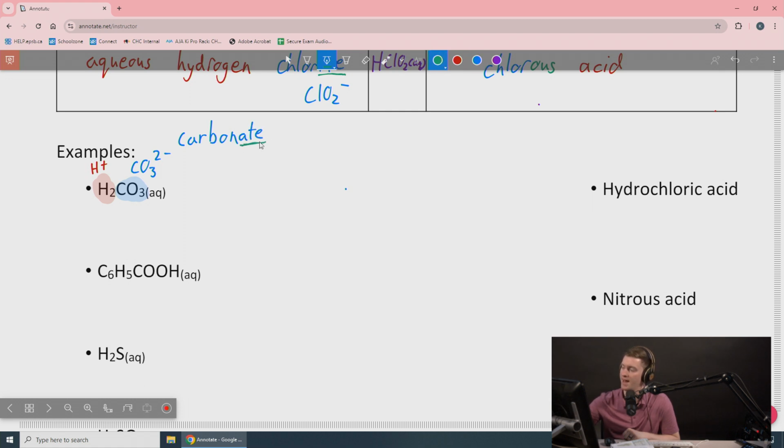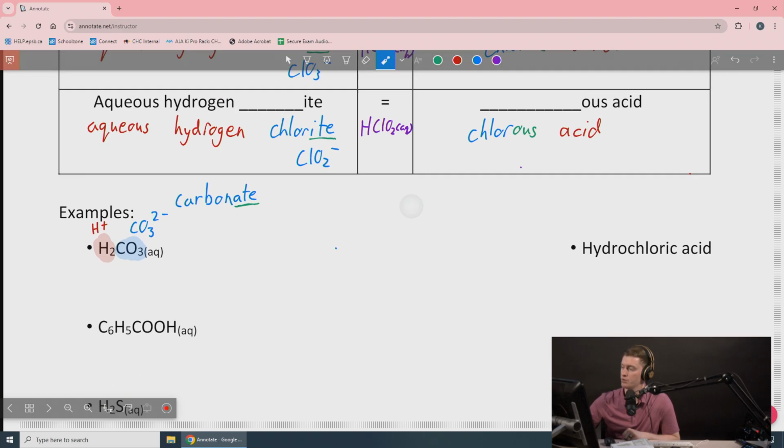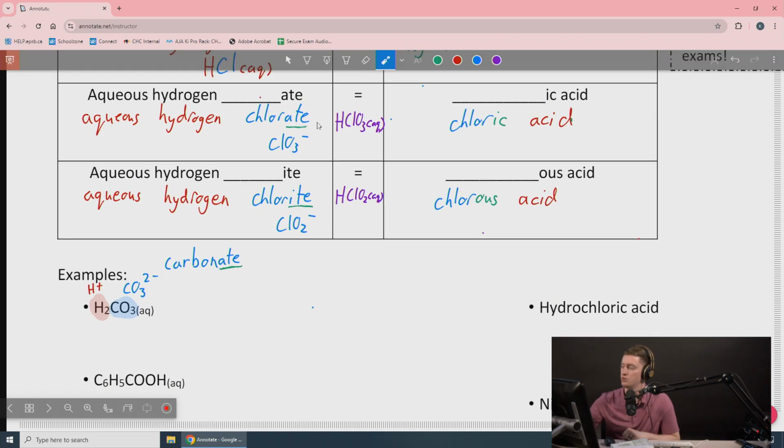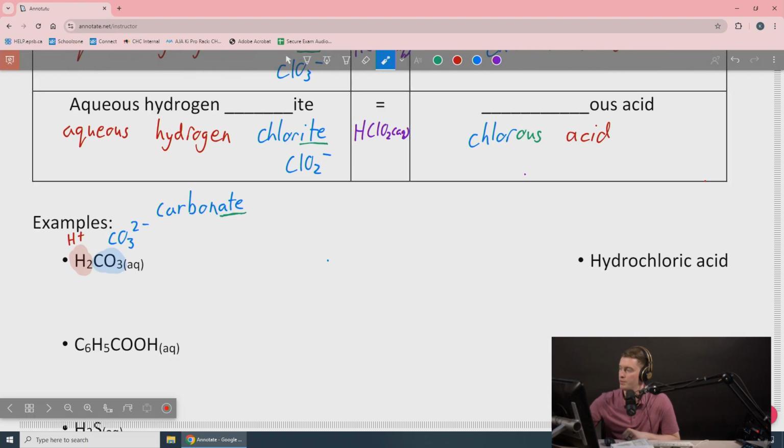Carbonate has the ate ending. If I look at my acid naming rules, the ate ending has to change to the ic ending. So I'll keep the root here, carbon, but now it becomes carbonic instead of carbonate.